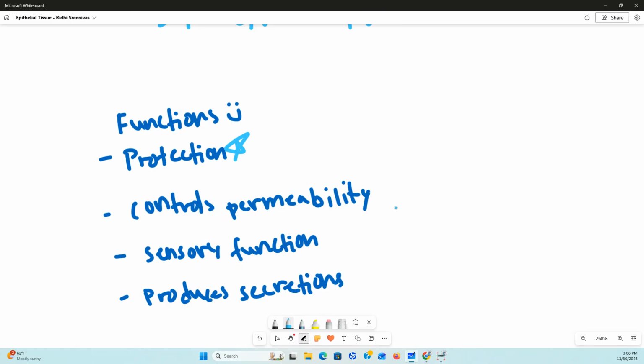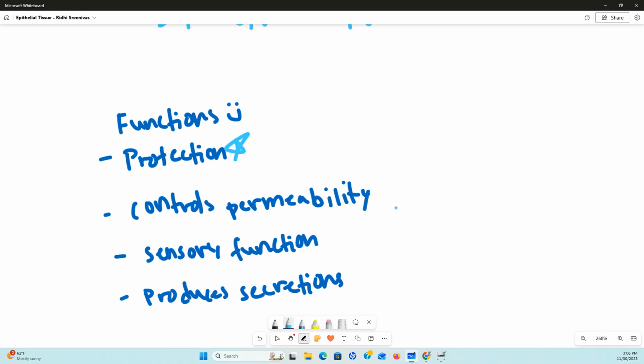Since the epithelium is the thing that a substance needs to cross to enter or leave the human body, we can say that the epithelium can control what enters and leaves. I kind of touched on this earlier, but it has properties like polarity that allow certain things to leave and certain things to come in.